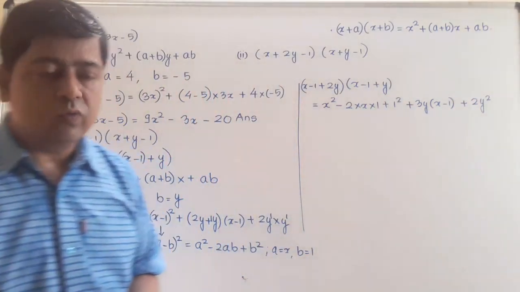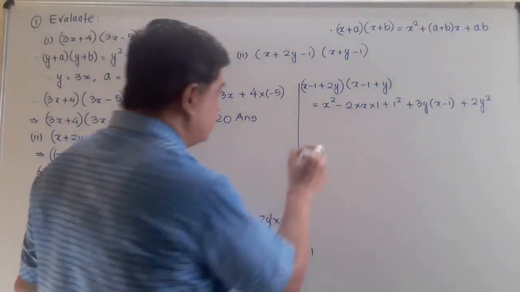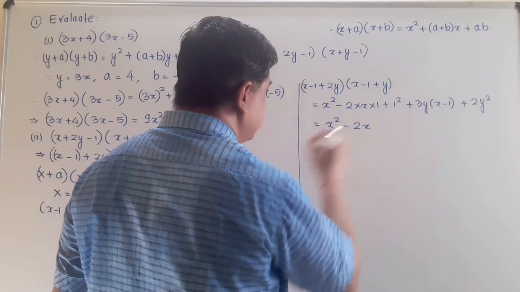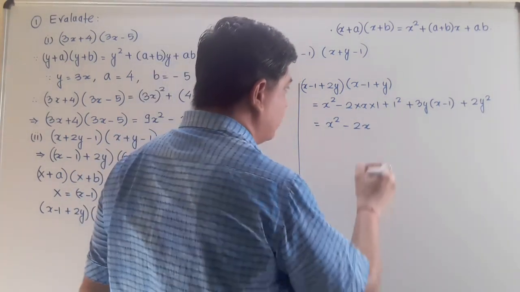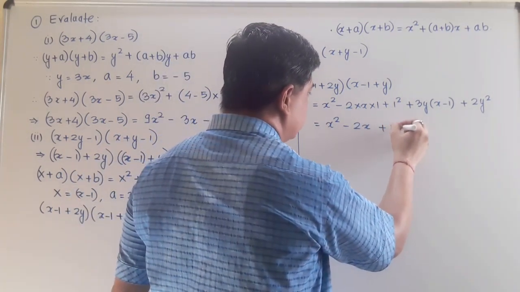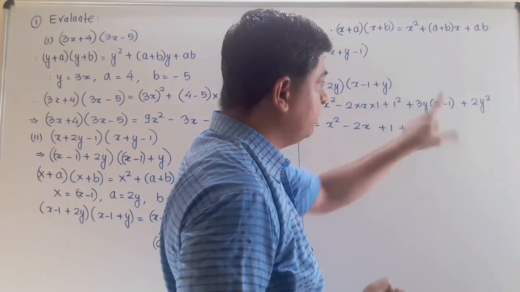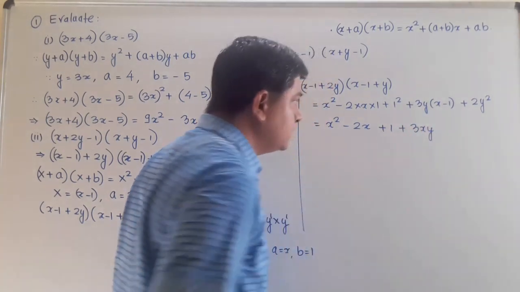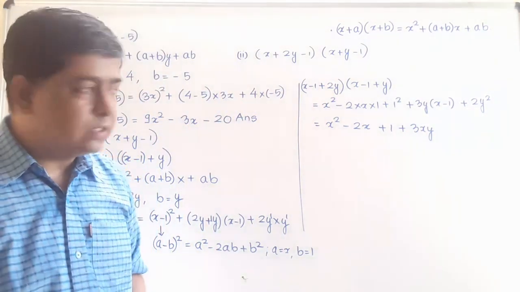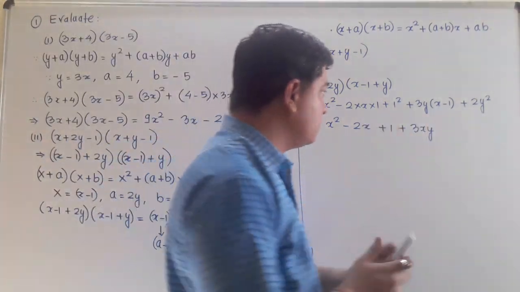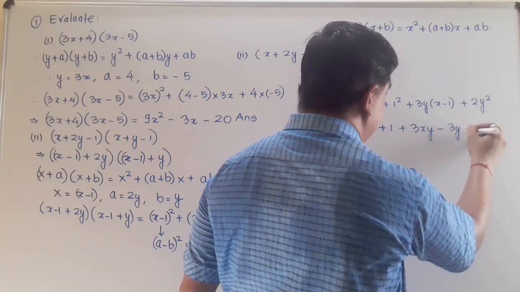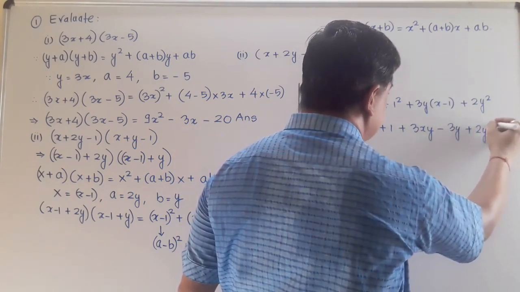Okay. Now further, x square will be as it is, minus 2x will be as it is, plus square of 1, plus 3y multiplied in x, that will be 3xy, and 3y multiplied in minus 1. So plus into minus will become minus, and 3y into 1, that will be 3y, plus 2y square.